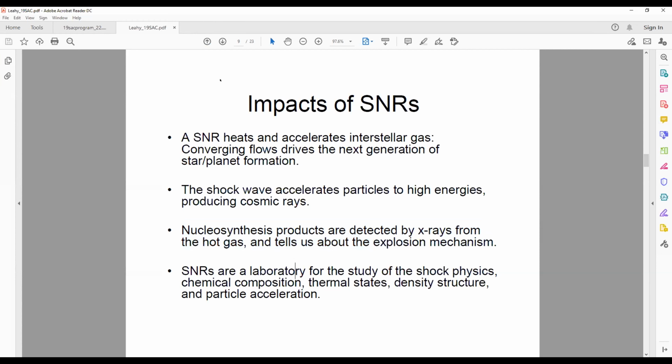All right, so the interest here is to use supernova remnants as a tool, inputting as much physics as we can to understand the properties of the supernova.